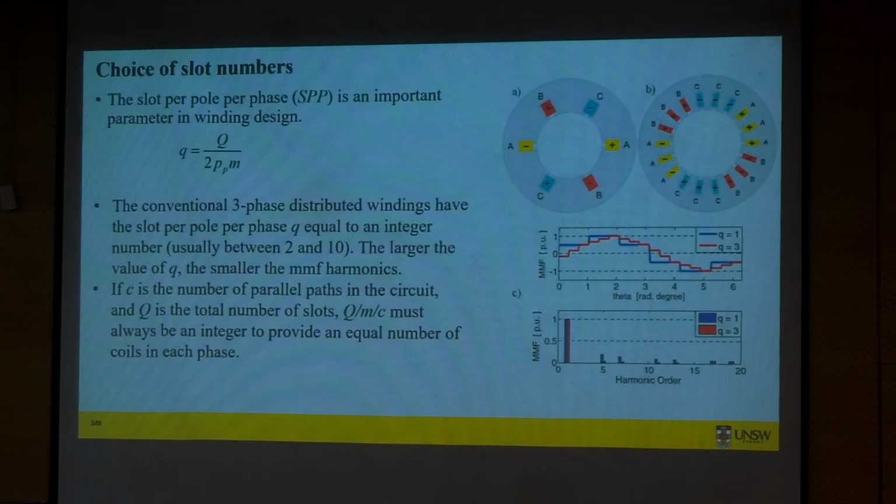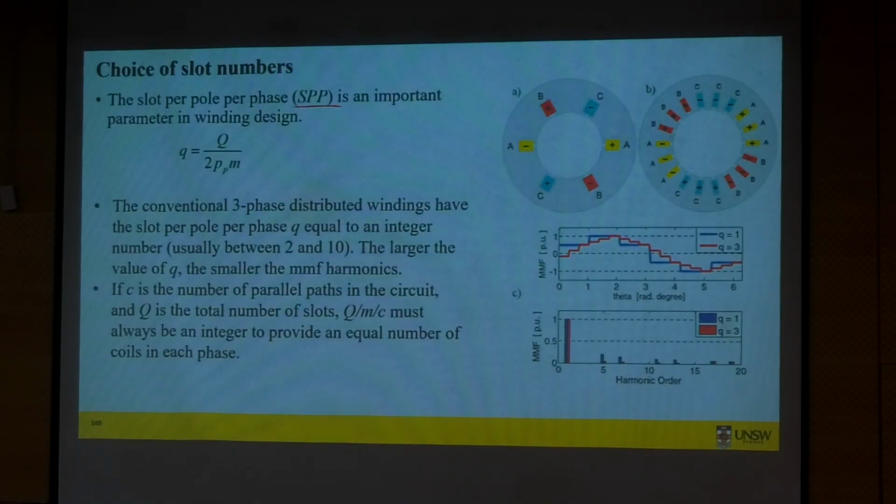And the second thing is slots. How do we decide how many slots we have? We must consider slots per pole per phase, short form SPP, which is a very important parameter. If slots per pole per phase is an integer number, we call it conventional distributed winding, integer slot machines.